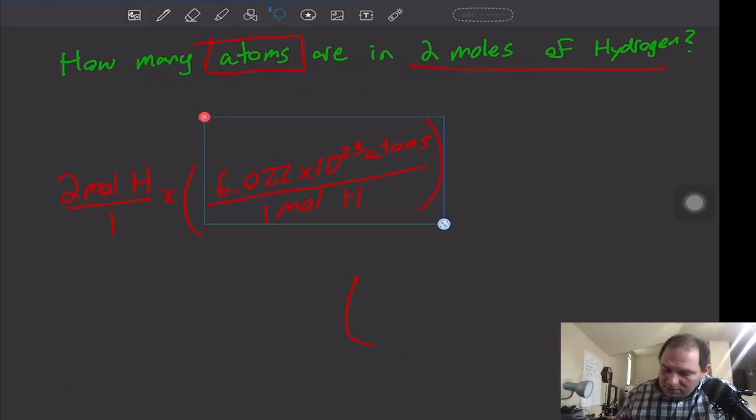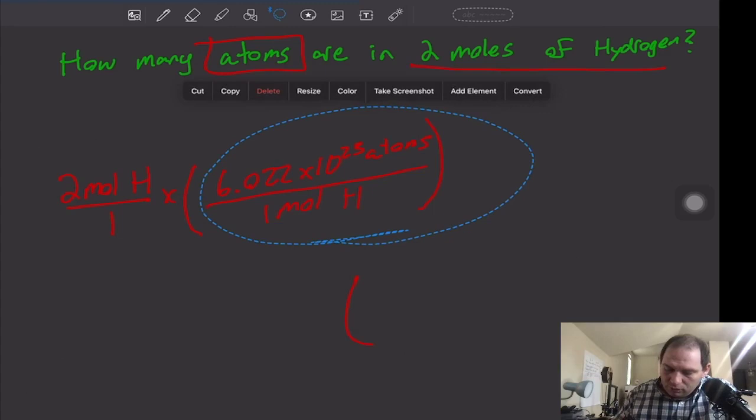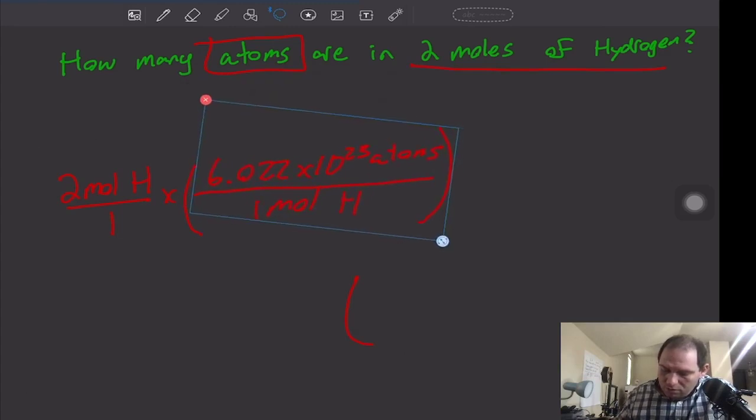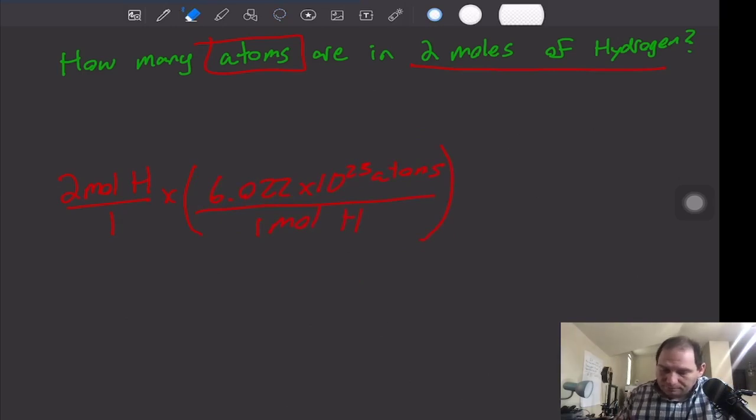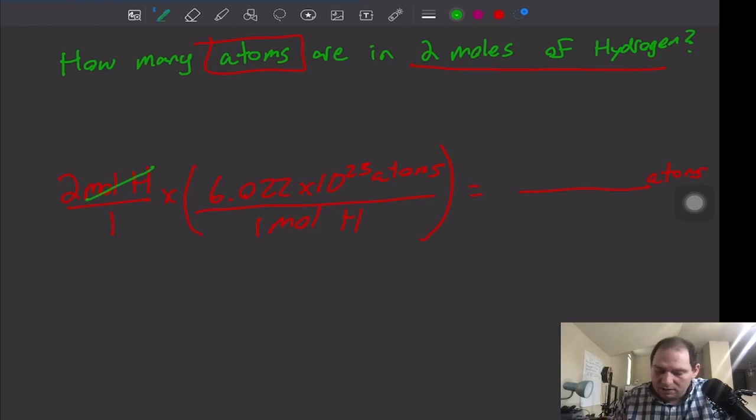And at the end, that's going to give us blank atoms. All right. So I have moles on top, moles on bottom. I want to cancel out my units. Moles is gone. Moles is gone.